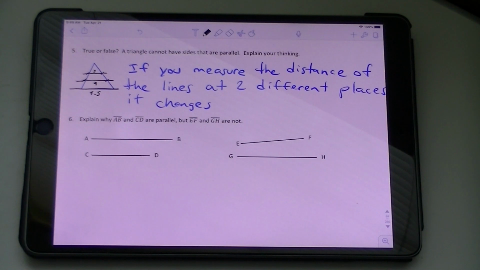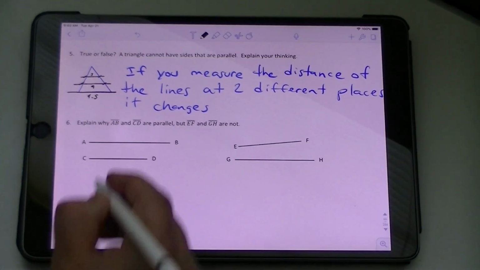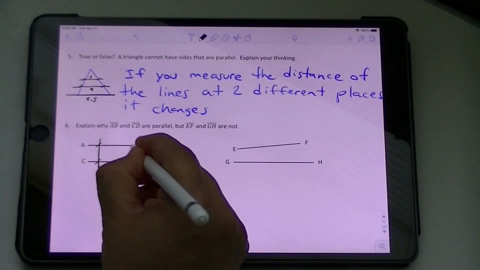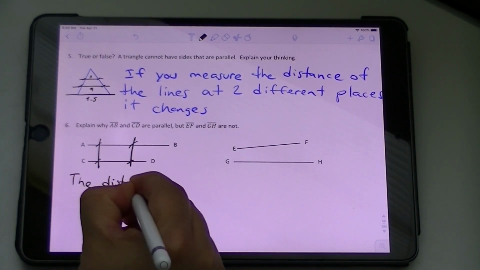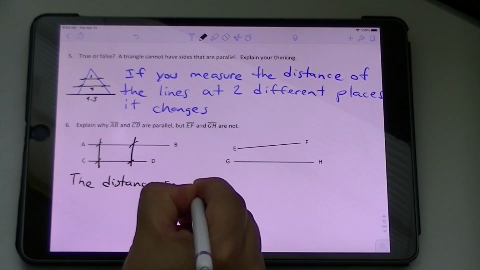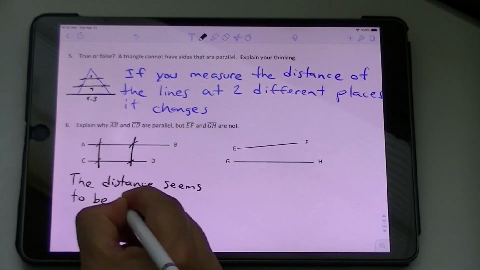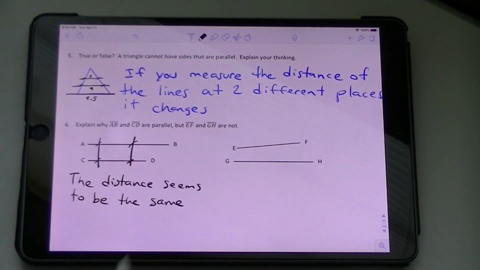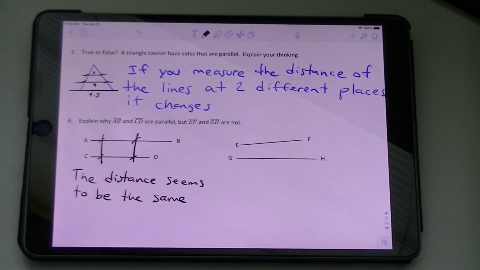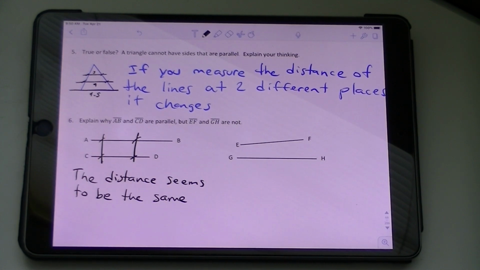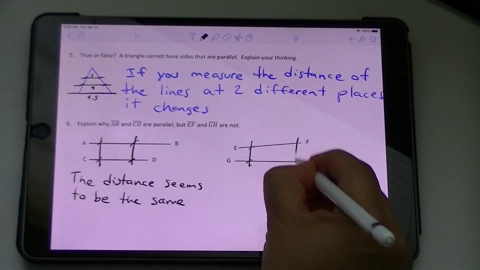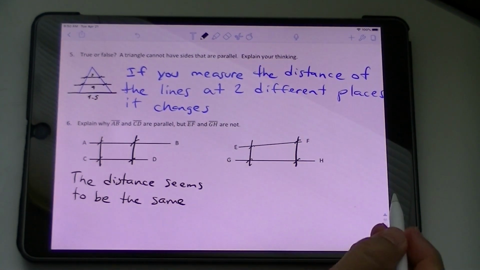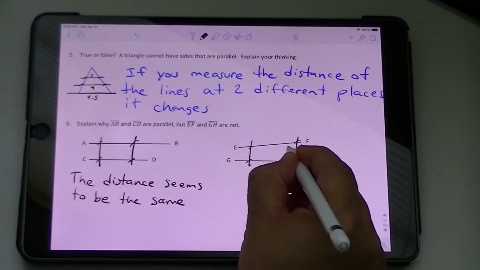Okay, explain why A and B and C and D are parallel. Well, if you measure the distance here and the distance here, the distance seems to be the same. And if the distance is the same in two different points, then it's going to be the same in all the other points. Now, if you measure the distance of this line here and these two lines here, you can see how this one is bigger.